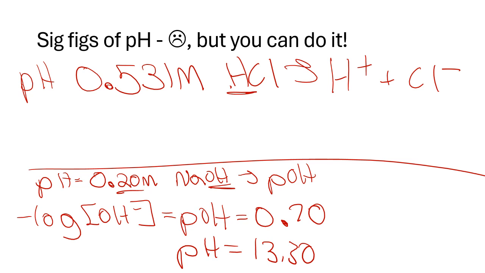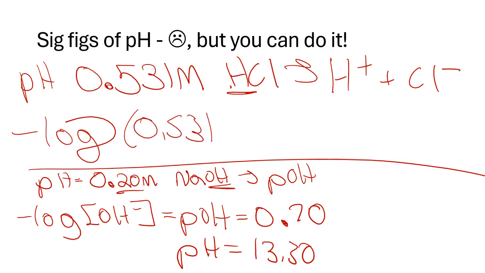So if we take the negative log of that molarity, we get pH. So negative log of 0.531 is 0.2. And so we have 3 after the decimal because we have 3 sig figs there. And no units on pH or pOH.